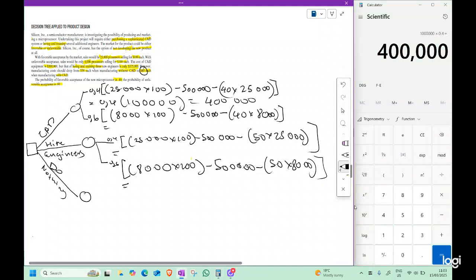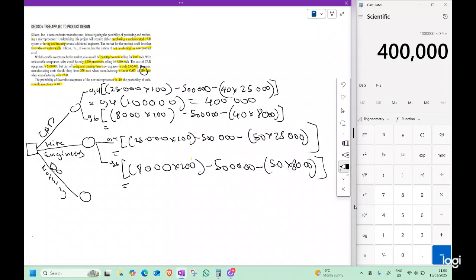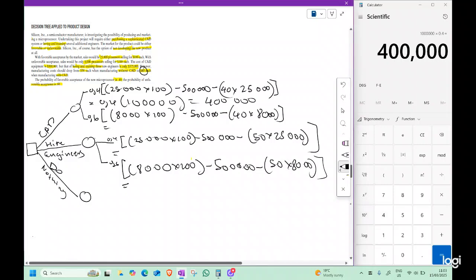Okay, and listen here, we have sales. Profit is equal to sales minus cost. So this is where your sales come in. These are your sales there, and these are your costs.